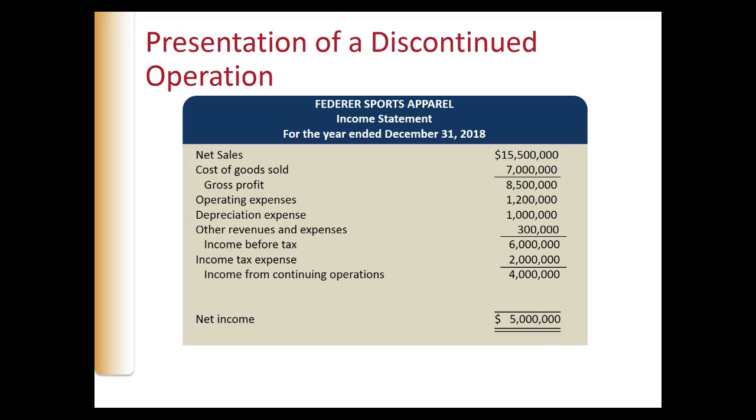We report the gain net of tax, which means that the $1.5 million gain before tax less the $500,000 in related taxes is reported on the income statement as a $1 million gain. This slide shows the income statement presentation of the discontinued operations for Federer Sports Apparel.